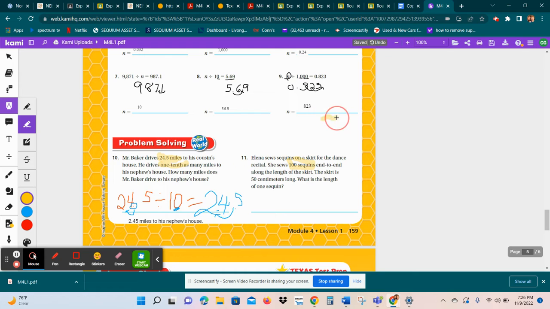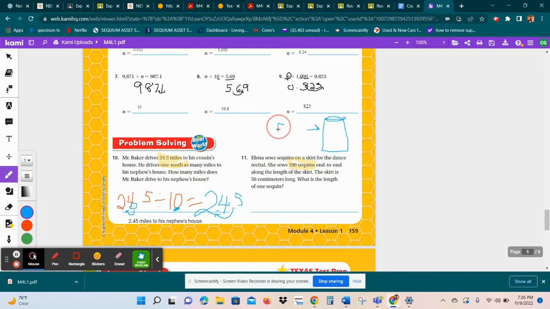I'm going to kind of draw out, actually, I wanted to use my drawing pen. I'm going to draw out the length of the skirt and kind of make that the waistband and draw the length of the skirt. And I know that the length of the skirt is 50 centimeters.